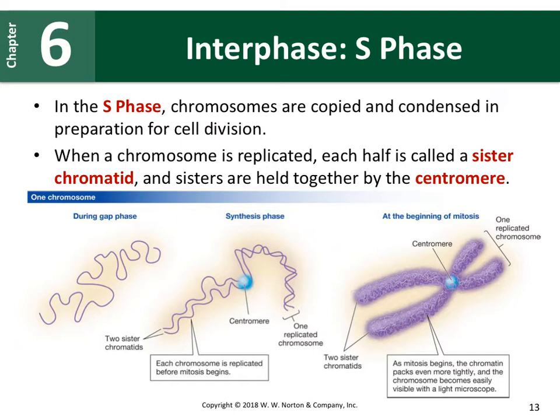And then at the beginning of mitosis, we actually see complete condensation of the homologous chromosomes, and that is necessary for mitosis to occur.